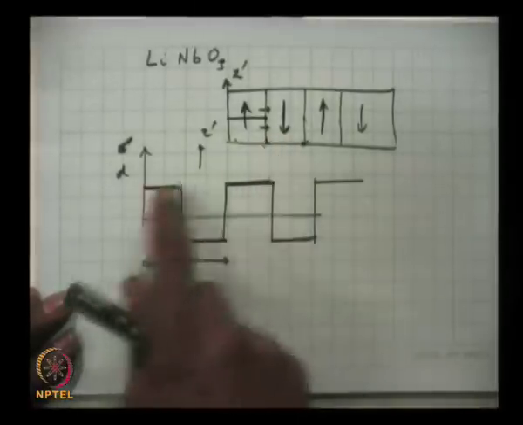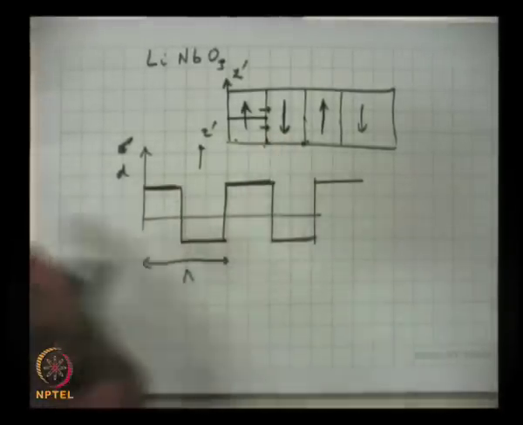Now, I will give this as a problem later to you. What happens if I have a coordinate system which is rotated about one of the principal axes: which elements of the D tensor will change sign, and which elements will not change sign? It is not necessary that all elements of the D tensor change sign. So, I am assuming right now that this helps me to change the sign of the nonlinear coefficient that I am using in my nonlinear process.